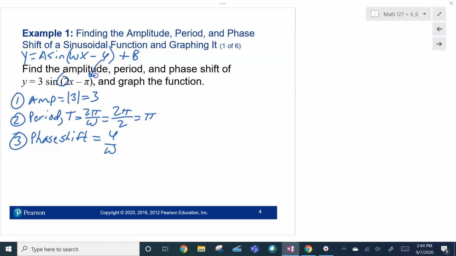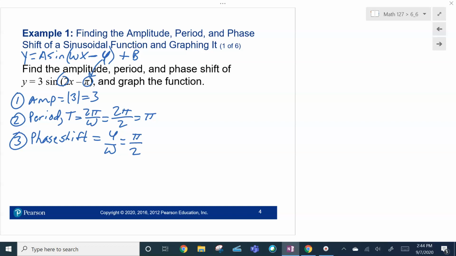Notice our phi here is pi. It's minus phi, and in this case it's pi, so it's positive pi. Our omega here is 2. So if our phi is positive, it's going to shift this thing to the right, pi halves.